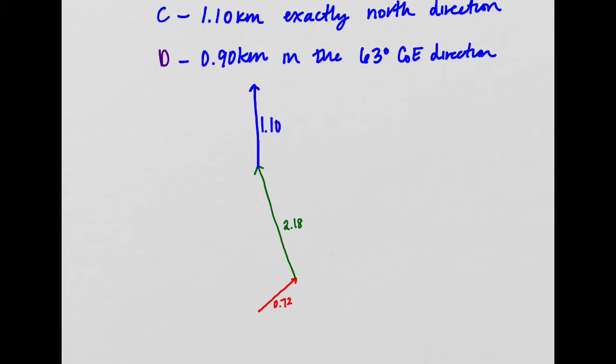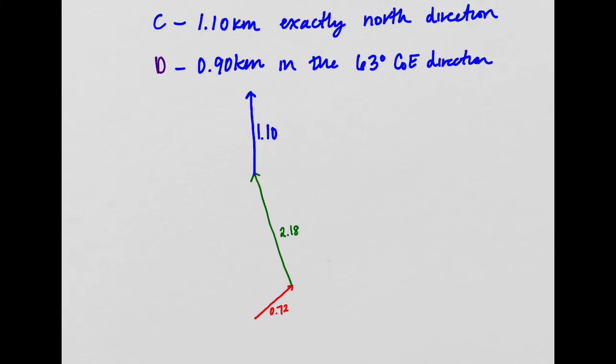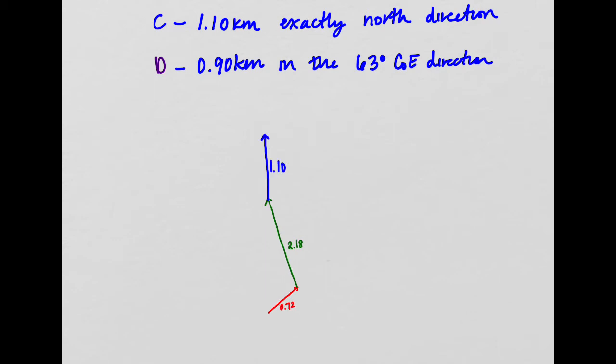Then we're going to go an additional 0.9 kilometers in the 63 degree counterclockwise of east direction, which would be something kind of like that. This is going to be 0.90. Okay, so wow, we have something that looks a little crazy.